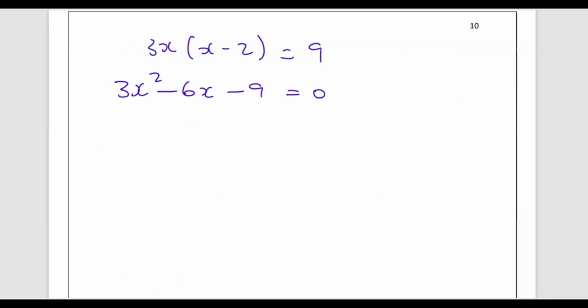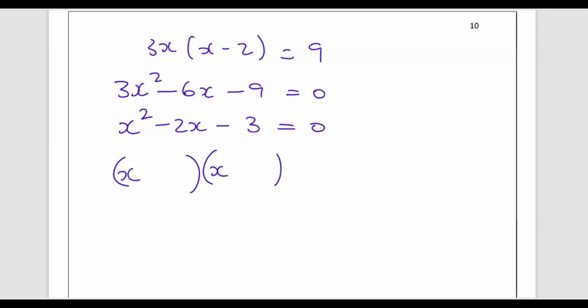Whenever you have an equal sign, just divide through. You don't need to factorize what is common in this case. So it's going to be x squared minus 2x minus 3 is equal to 0. This is the simplified version. Then let's factorize this now. So x and x, product is negative 3.